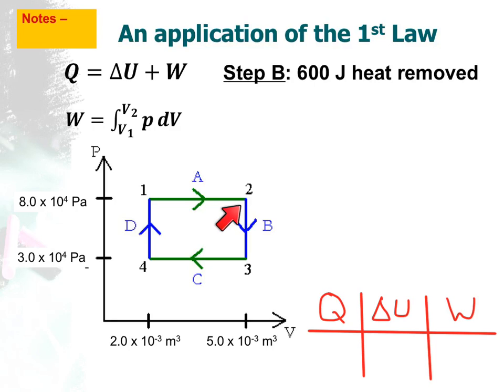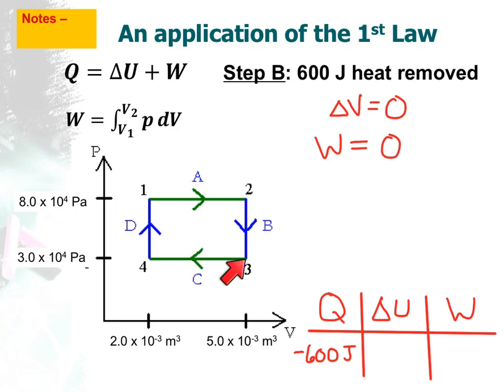Okay, now let's consider step B. So step B is we're going to now take our system and decrease its pressure without changing its volume. When we do that, we measure that we have removed 600 joules of heat. So I'm going to put negative 600 joules here in my little organizer. And then I'm going to calculate the amount of work done. Well, it turns out that the change in volume is 0 along this path.